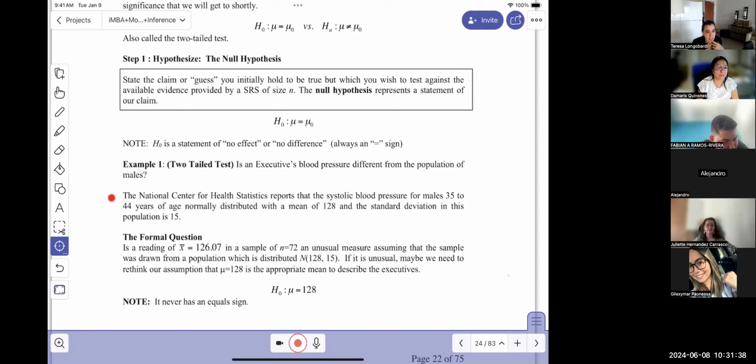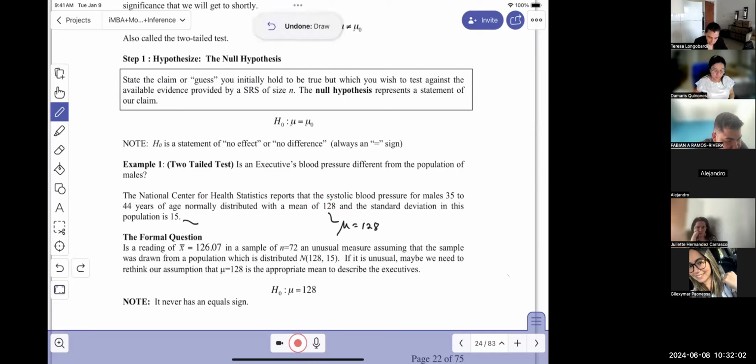If we look at the National Center for Health Statistics reports, systolic blood pressure for males between 35 and 44 has a mean of 128 and a standard deviation of 15. So this is the information that's given. This is the status quo: mu equals 128 and standard deviation, sigma, is 15.